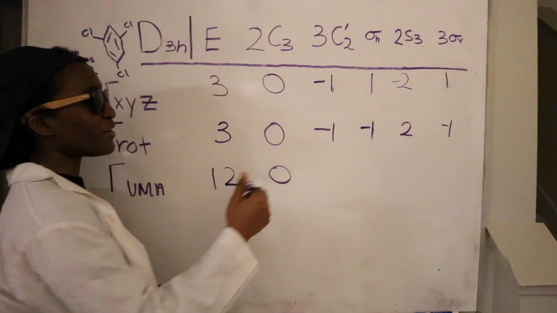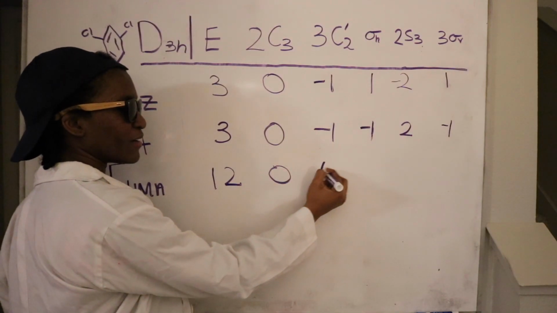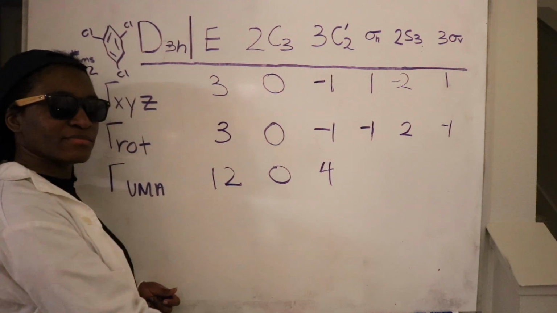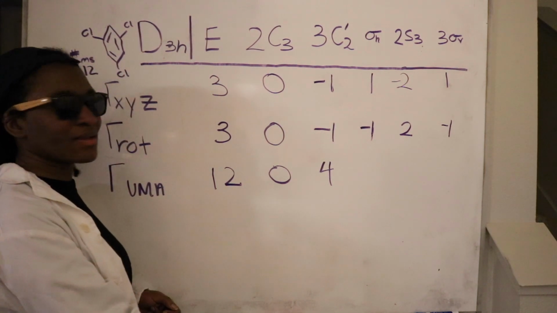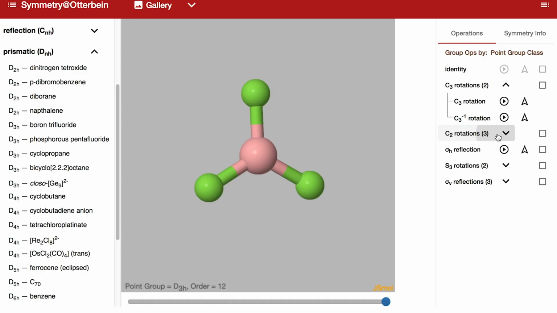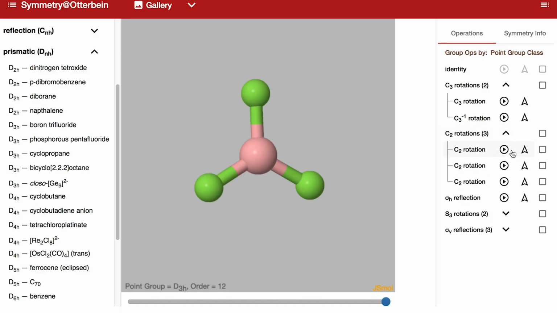For C2, we have 4 unmoved atoms because it moves by 180 degrees. Similarly, for the C2 rotation, only a few of the atoms are moving at the same time. The boron and this fluorine, for example, stay where they are while the other 2 move. We can use this as imagery to look at the molecule that we are looking at.